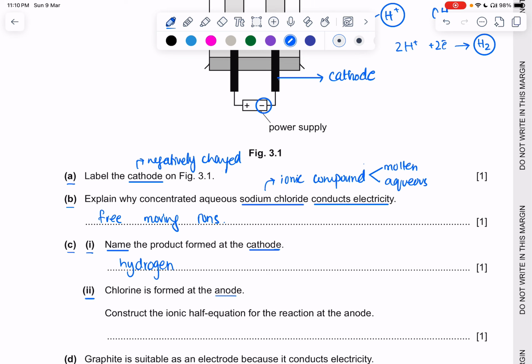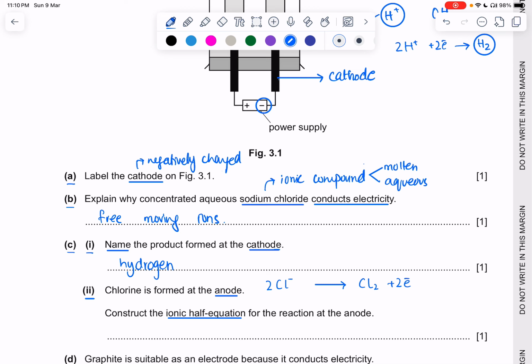Okay, part 2. Chlorine is formed at the anode. Construct the ionic half equation for the reaction at anode. So we have the chloride ion, Cl minus. When this ion is discharged at anode, it will release electron to form Cl, but the correct formula to write the Cl is Cl2, a diatomic state, and then we have to balance the equation: 2Cl minus and then 2 electron.